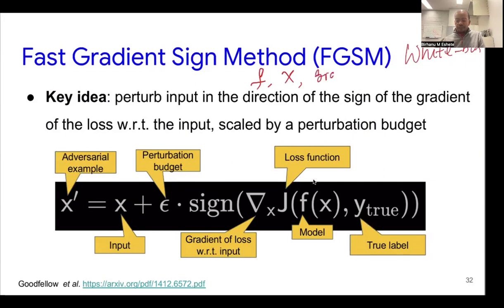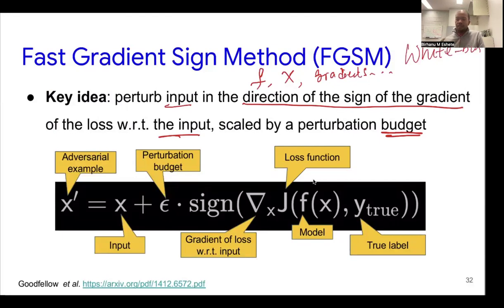For example, you know the gradients, etc., how to compute the gradients of the loss function of the model with respect to the input, etc. Okay, so the idea is you want to perturb the input x in the direction of the sign of the gradient of the loss with respect to the input. And this perturbation is going to be controlled by what we call the perturbation budget. So you're going to scale the perturbation by the perturbation budget.